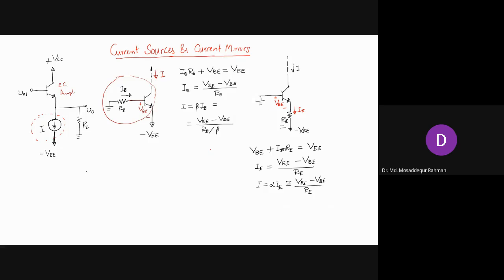So these are the two ways, and here we are using an NPN transistor. We can also have current sources using a PNP transistor. So that we can show like this if you are using a PNP transistor.